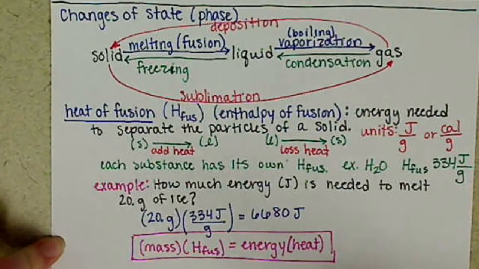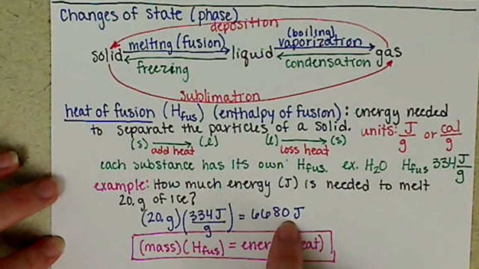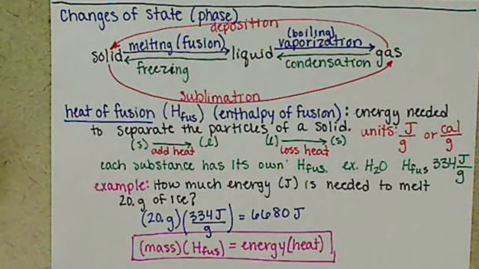We have to put in that amount of energy. If we were to freeze 20 grams of water, it would give off 6,680 joules of energy. So heat of fusion works both for melting, or fusion, as well as freezing.